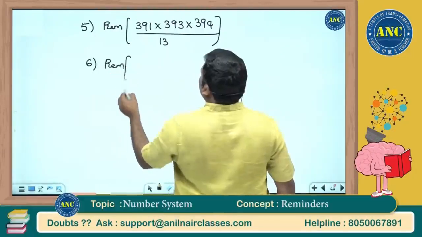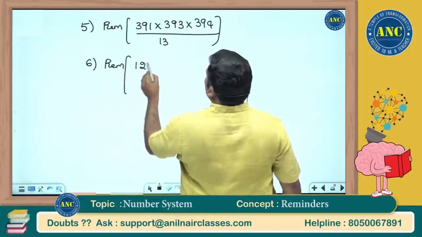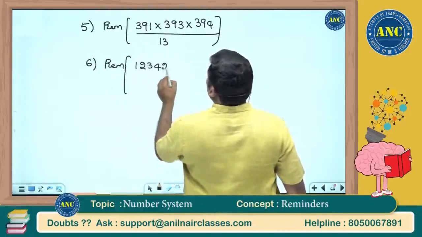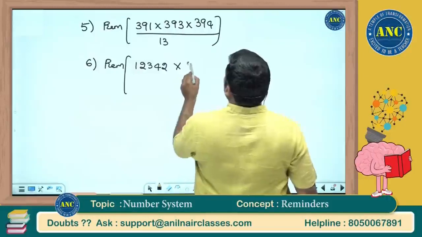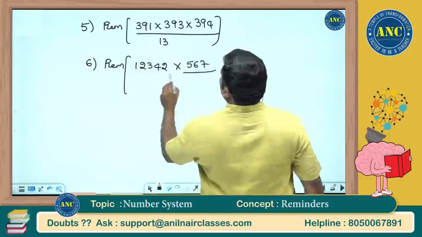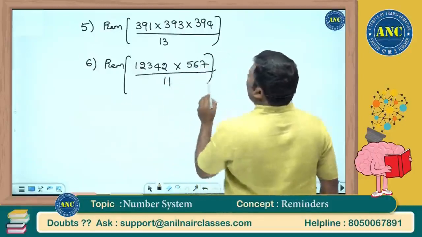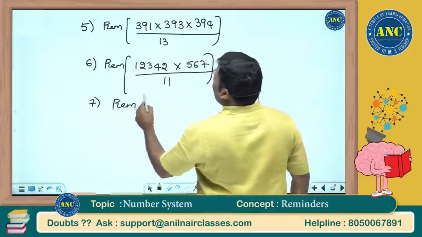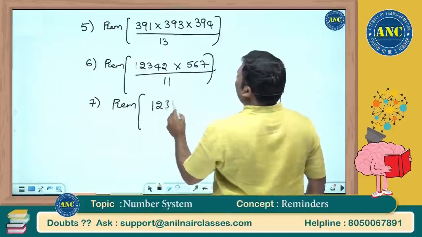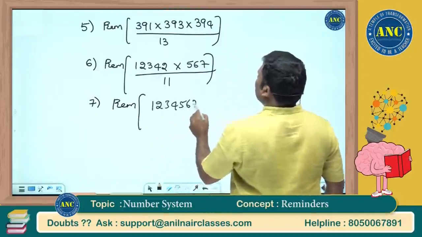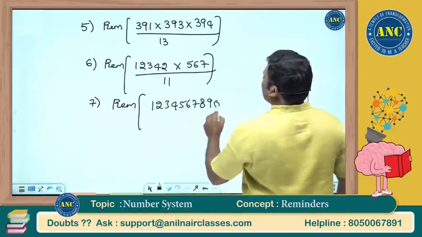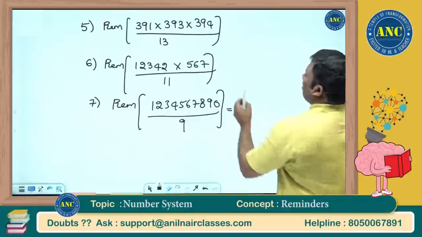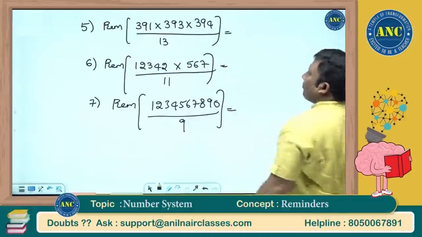Remainder 1. 1, 2, 3, 4, 2 into 567 divided by 11. Seventh question. Remainder 1. 1, 2, 3, 4, 5, 6, 7, 8, 9, 0 divided by 9.